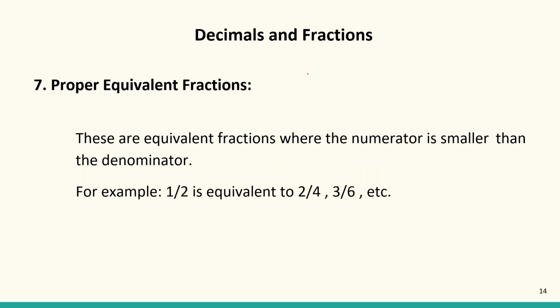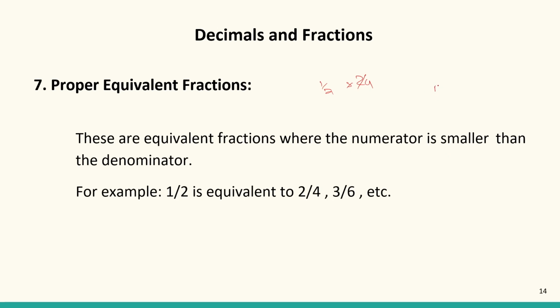Let's see the seventh kind of fraction, that is proper equivalent fractions. These are equivalent fractions, like 1 by 2 and 2 by 4. We have already seen that these two are equivalent because they represent the same amount, where the numerator is smaller than the denominator.